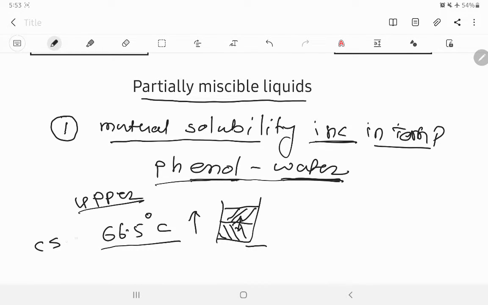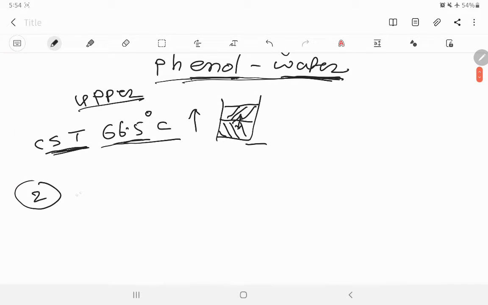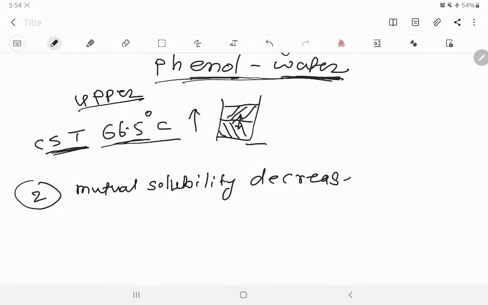CST, consolute solution temperature or critical solution temperature. The temperature above which partially miscible liquid pairs become completely miscible, that is phenol water. This is the first type of partially miscible liquid pair. The second type of partially miscible liquid pair is the type where mutual solubility decreases on increase in temperature.